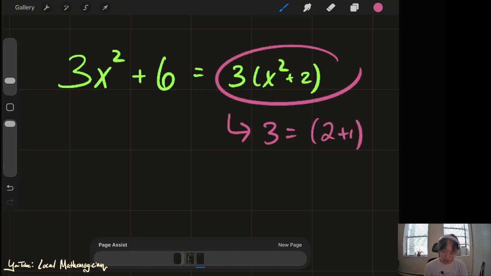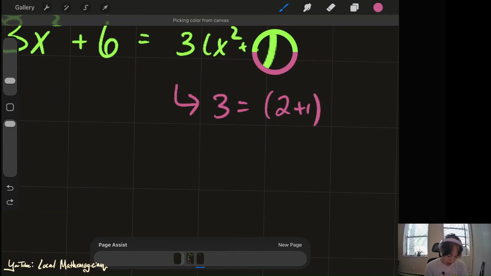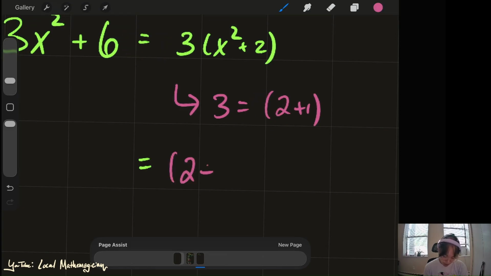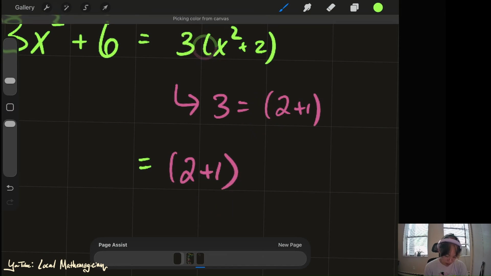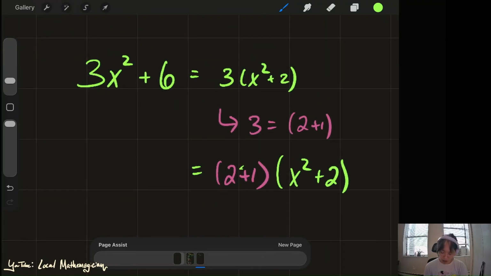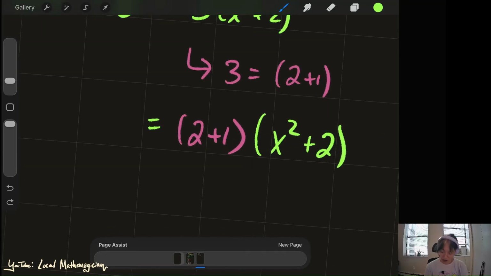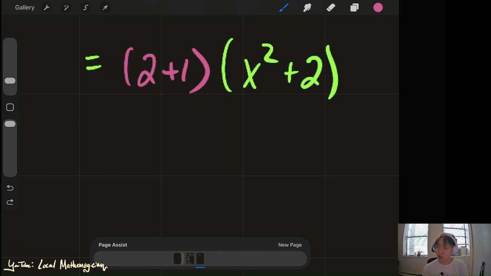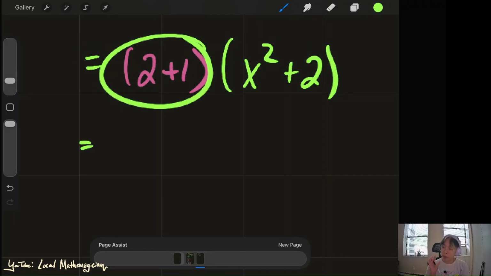Then that means that this is the same as saying 2 plus 1, parentheses, x squared plus 2. Yeah? Okay. And if we distribute it without breaking that parenthesis, which is also what we're really doing when we distribute, we treat this as one big unit.